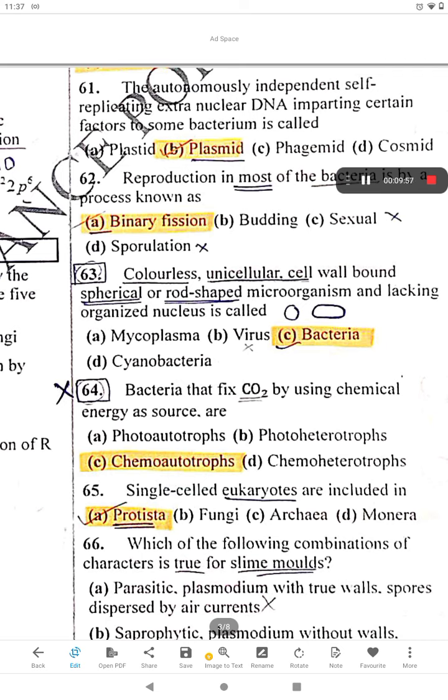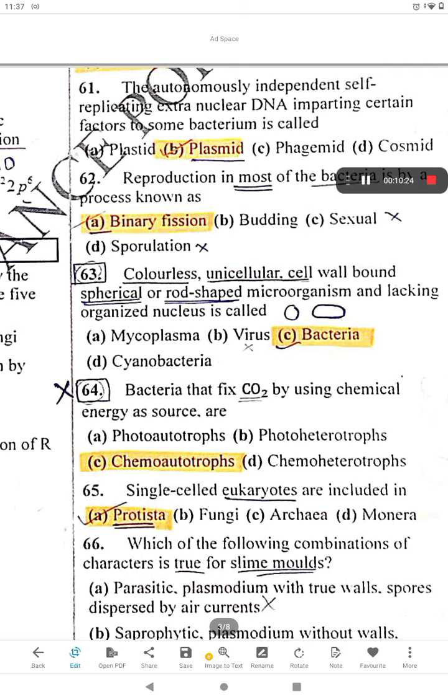Now, they have given a clue in the sentence, that is cell wall bound spherical or rod-shaped. Now see, Mycoplasma is also bacteria, cyanobacteria is also bacteria, viruses have no relation with this question. Mycoplasma will have a specific shape. It will not be spherical or rod-shaped, because Mycoplasma is a specific organism in the bacterial kingdom.